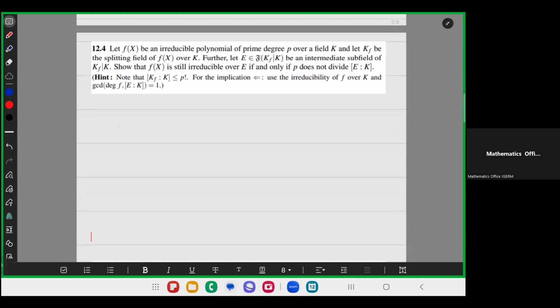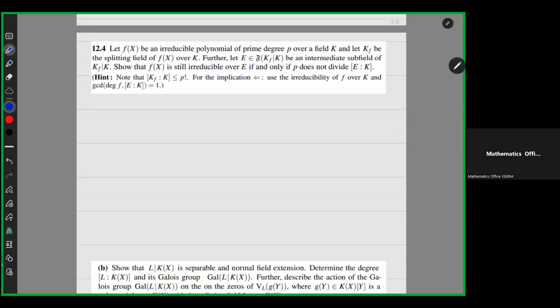Okay, first let me write this diagram here. Here we have K_f, the splitting field, and E is an intermediary field, and here we have K.